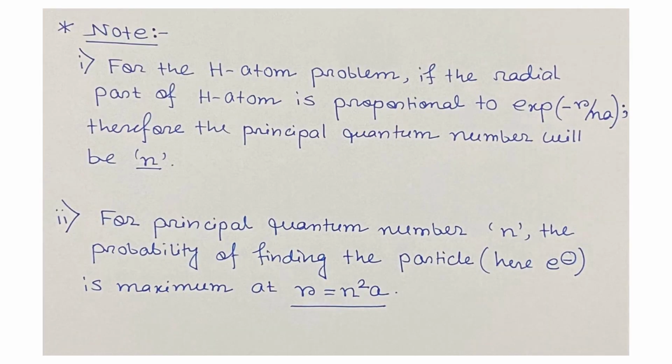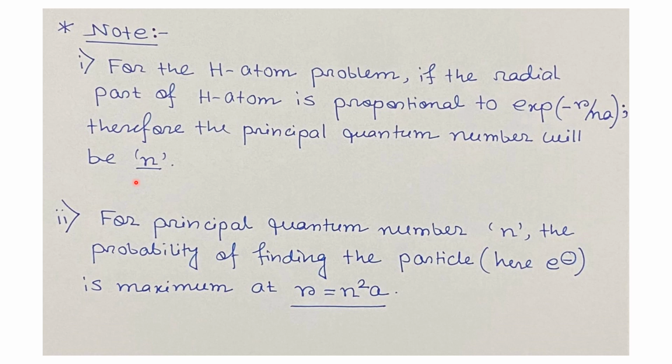Now we will discuss some important tricks to solve this kind of problem. The radial function given in the question is similar to the radial part of the hydrogen atom wave function. For the hydrogen atom, if the radial part is proportional to exponential of minus r divided by na, then the principal quantum number in that case will be n.